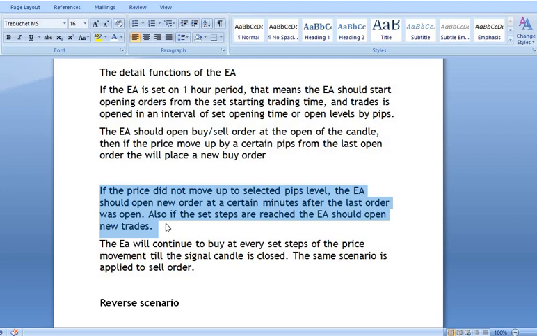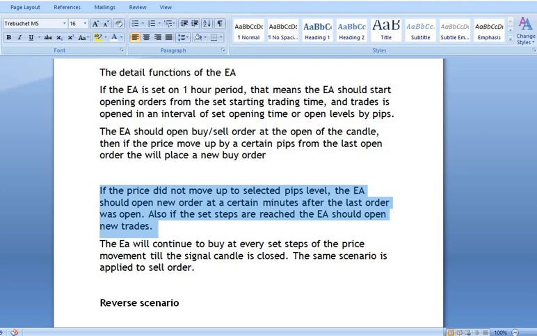Now, let me make it clear, meaning that if the selected minute is 5 minutes, after 5 minutes the EA should place an order, and if the price is moving up from the opening price, the EA should place a buy order. But if it's coming down, it should place a sell order. And then every other thing applies about the sell and the buy. So please look at that.